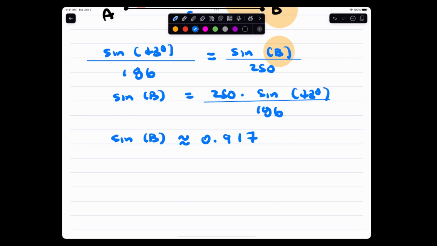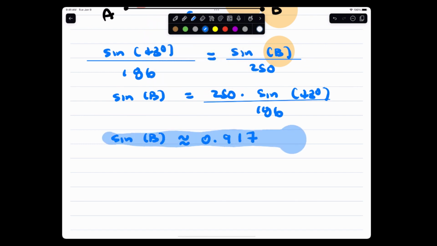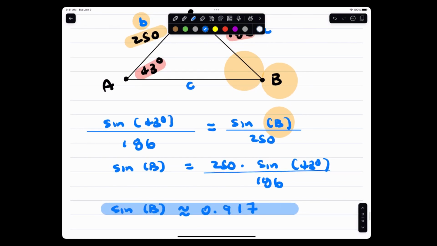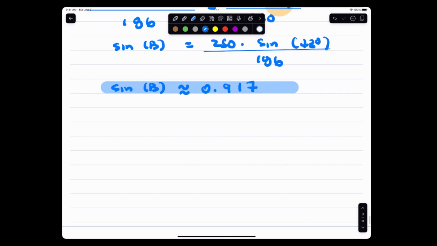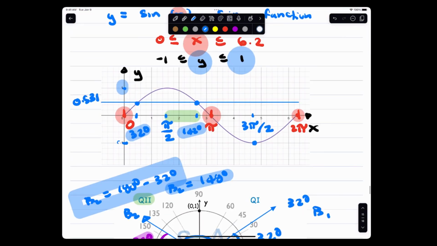Sine B is going to be 0.917 here. I'm going to highlight this because we're at a special place. So I'm going to go back to my sine curve because I'm going to give you every gory detail.